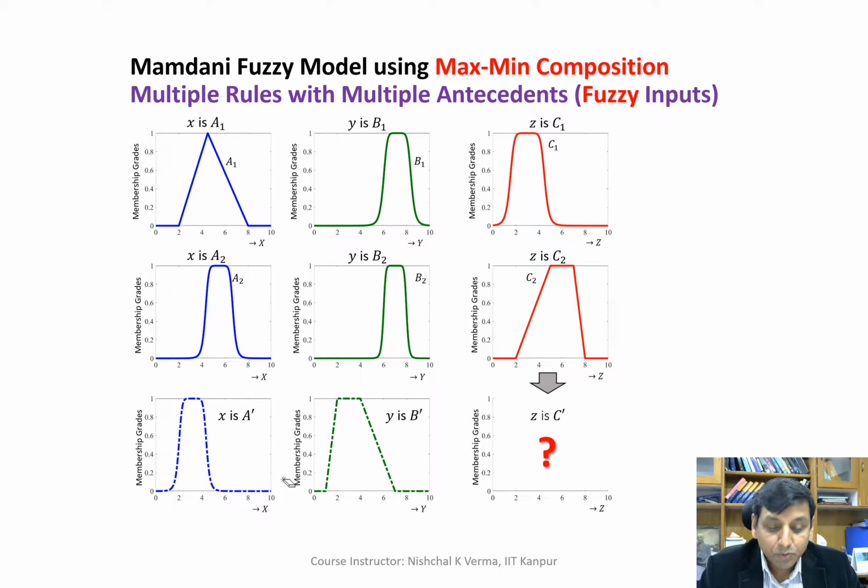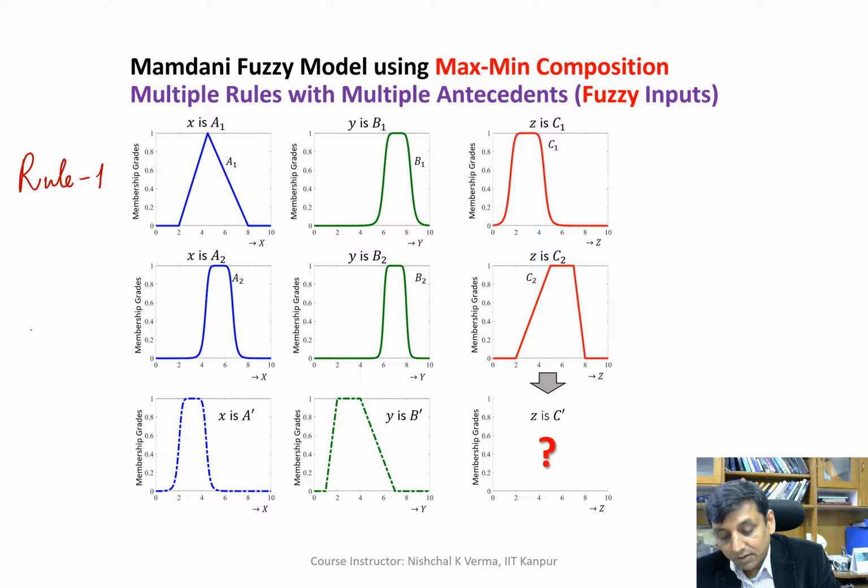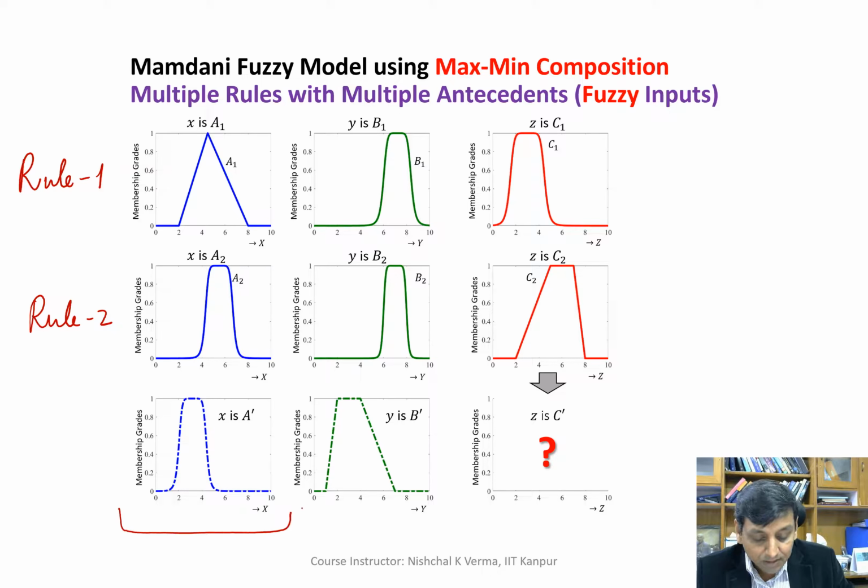So let us first take the fuzzy input, rule 1 and rule 2. Here let us take the same input x, y, where x is fuzzy and y is also fuzzy. Fuzzy means a fuzzy value, and a fuzzy value is always represented by a fuzzy set.